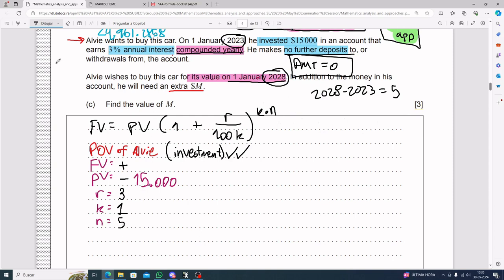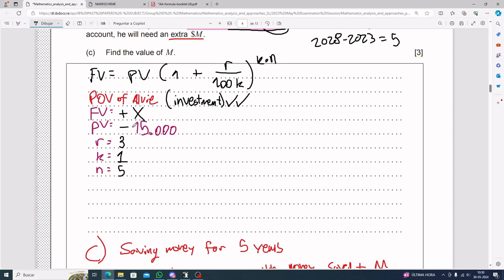And so boom, look at that. The one variable I have is FV. So your FV is some positive x. Okay? So if you go ahead and plug all of this into your formula, what you end up with is some x equals negative 15,000, parentheses 1 plus 3 divided by 100 times k. K we said was 1. And then up top you have k times n, so it's going to be 1 times 5, right?